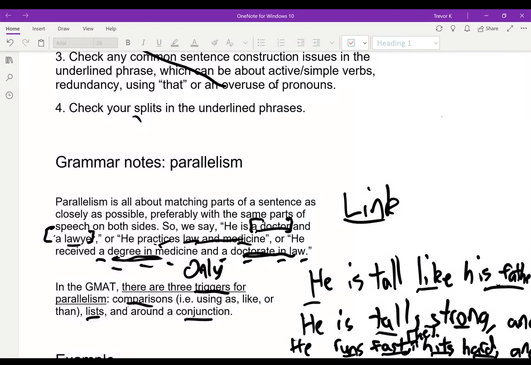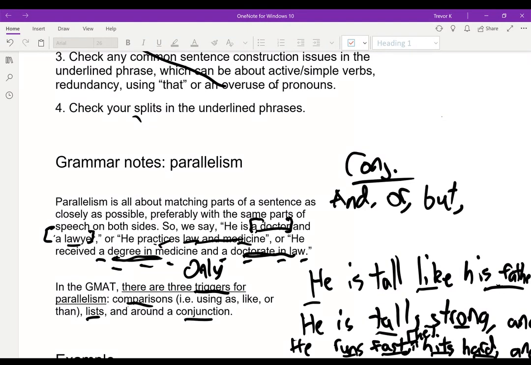Conjunctions are words like, I'm going to write it up here, and, or, but, nor, yet. So they link words, phrases, and clauses, and they're always these short words: and, or, but, nor, yet, so, right?